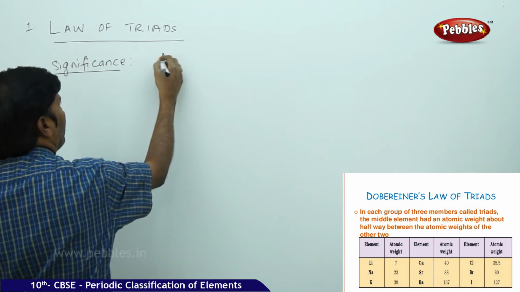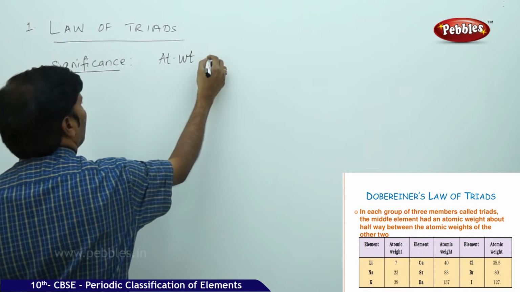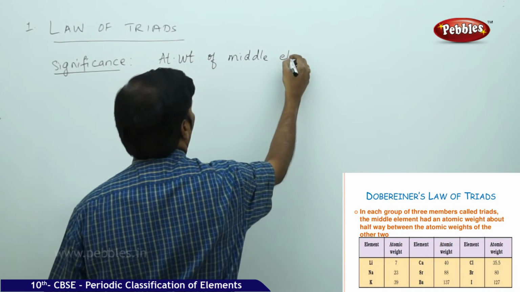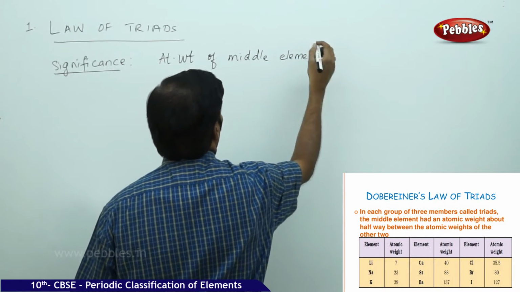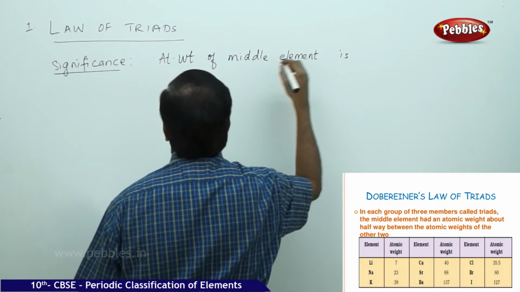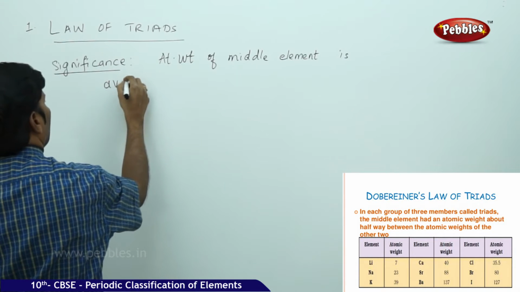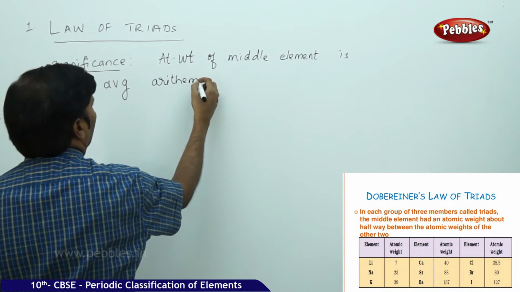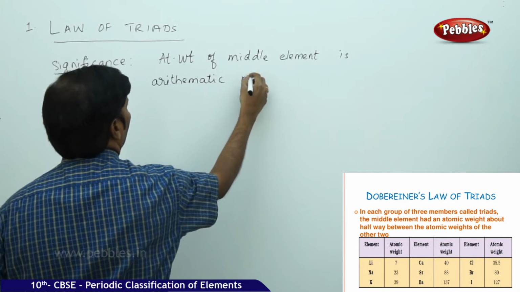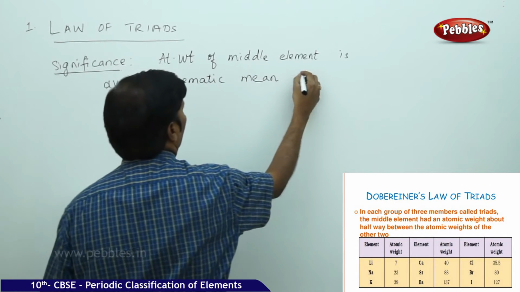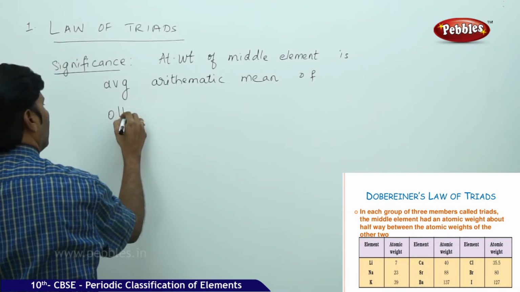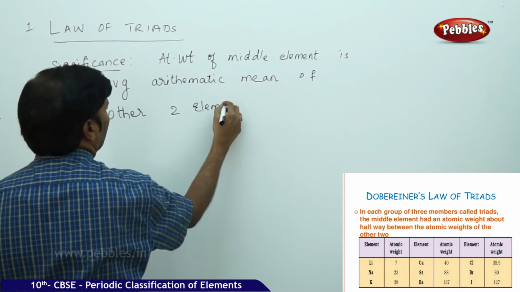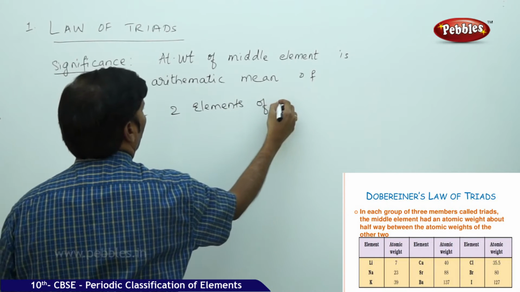the atomic weight of the middle element is the average arithmetic mean of the other two elements of the same group.